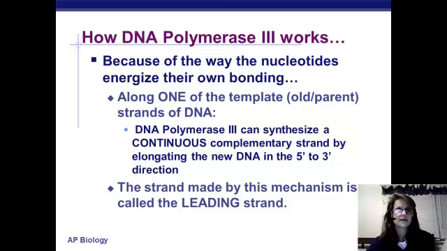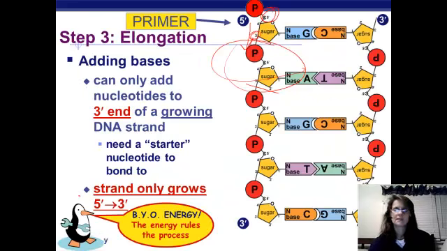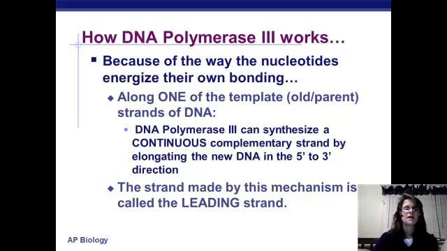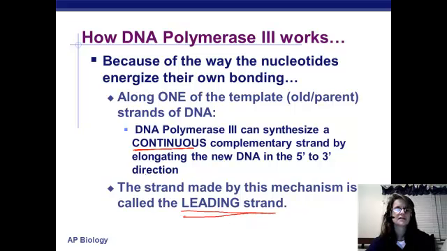Let me give you one bit of vocabulary here. What we just did, making the strand going in this direction, happens very smoothly, as you saw. You just keep adding, keep adding. The DNA polymerase cleaves off the 2 phosphates and you're good to go. Because of that, this is called continuous synthesis, and the strand that we are making is referred to as the leading strand.